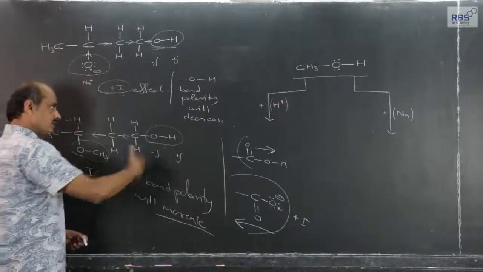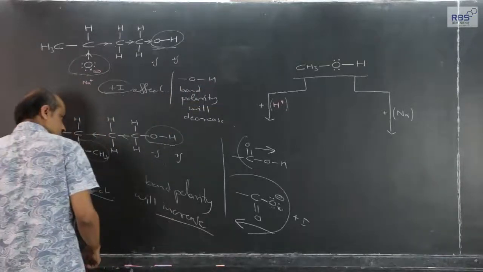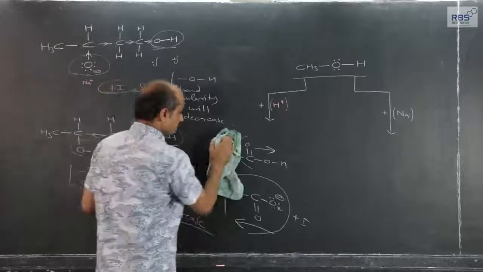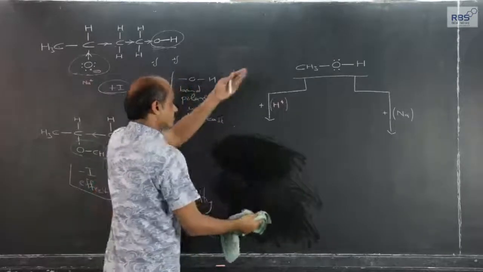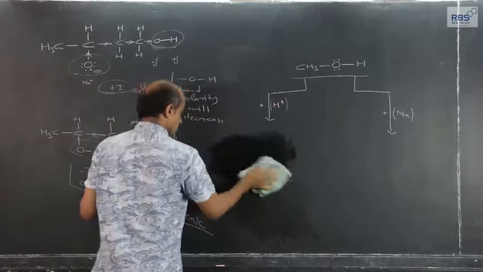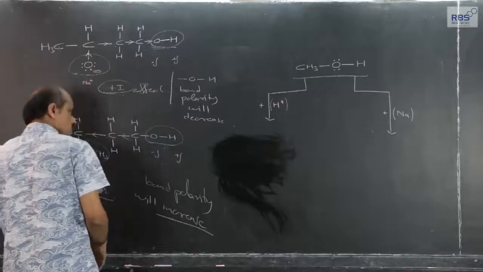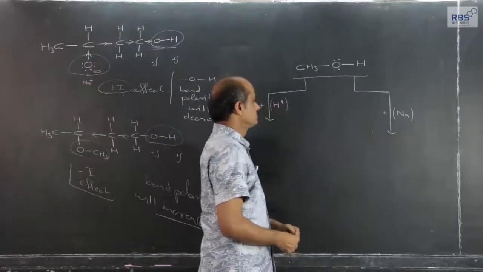After this, now I will switch over to another interesting example. Let me remove this. Methyl alcohol reacts with sodium metal.